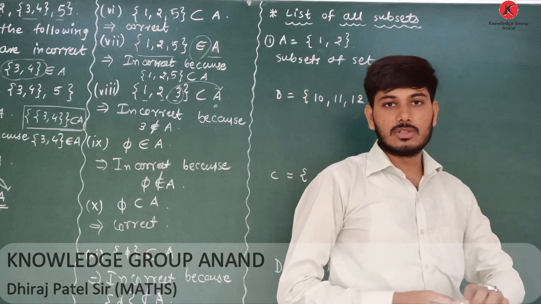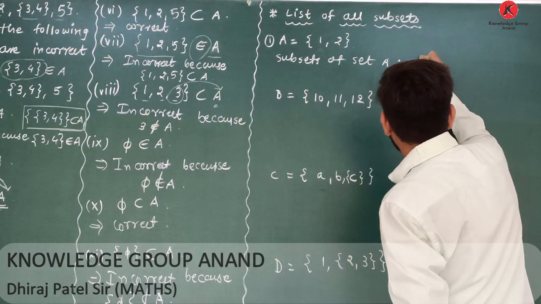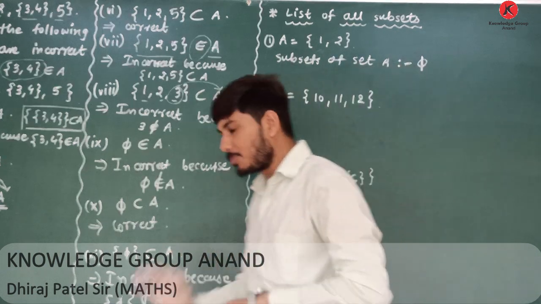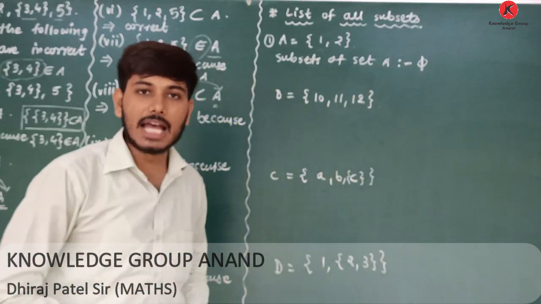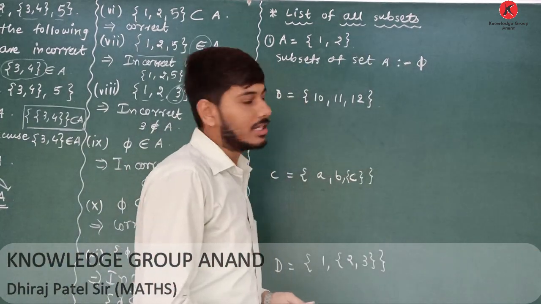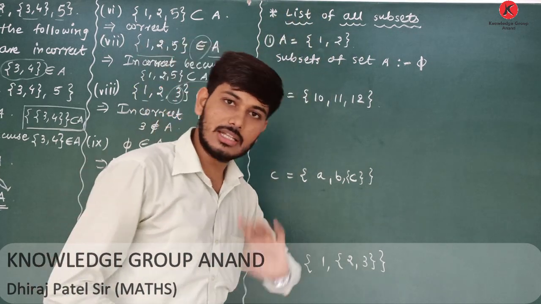First, we know the property that the null set, or phi, is a subset of any set. Therefore, phi is always there in the list of subsets of any set. The first one is the null set.